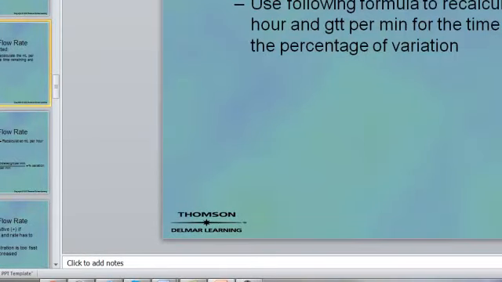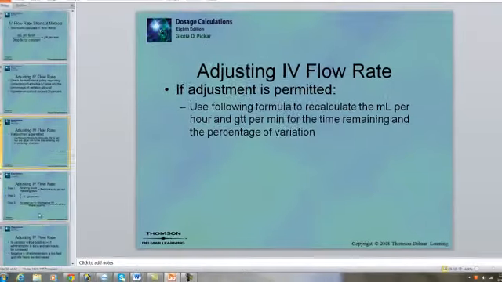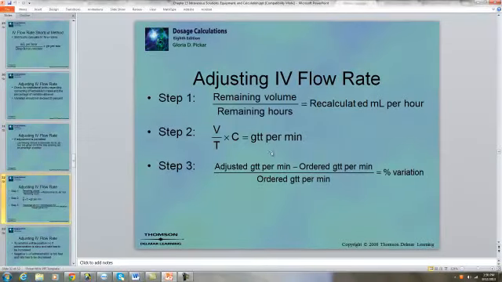If adjustment is permitted, use the following formula to calculate the milliliters per hour and the drops per minute for the time remaining and the percentage of variation. So in step 1, you take the remaining volume divided by the remaining hours. So that's the recalculated milliliters per hour.